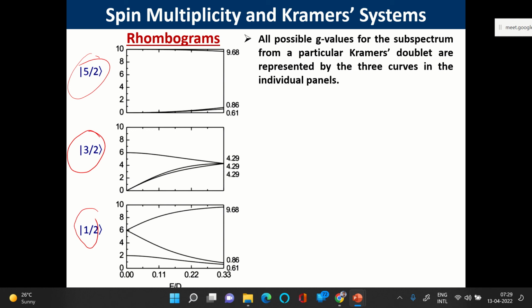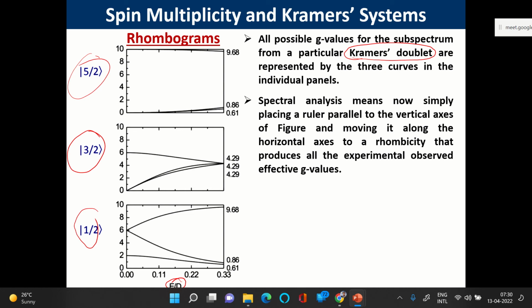E by D, rhombicity, we have already defined, so we can plot three lines for each of these pairs representing the variation in the g values of each Kramers doublet obtained in the spectrum. So this is g along the y-axis and E by D on the x-axis.